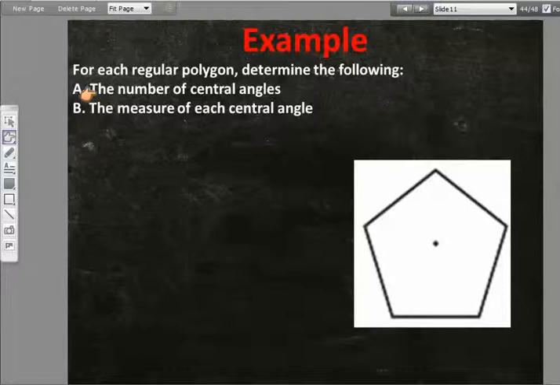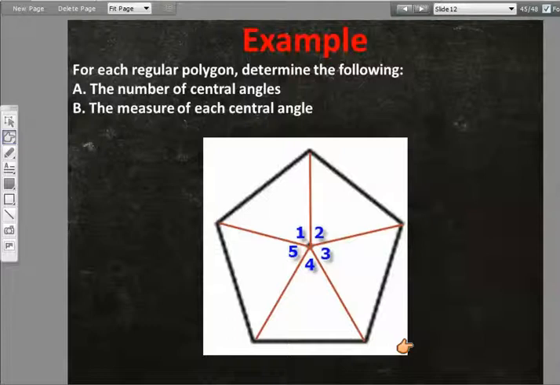For this one we're going to determine the number of central angles, and then we're going to calculate the measure of each central angle. So if you look here, here's the center, and let's see how many central angles we have. There you go. Alright, how many sides does this pentagon have? 5. So it's going to have 5 central angles.